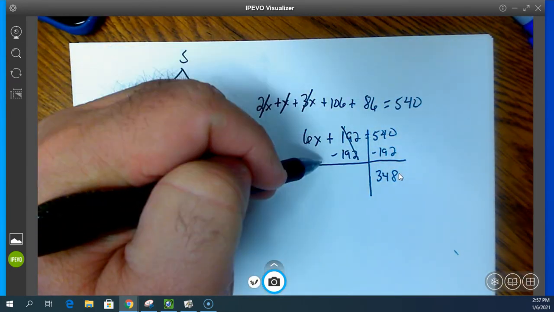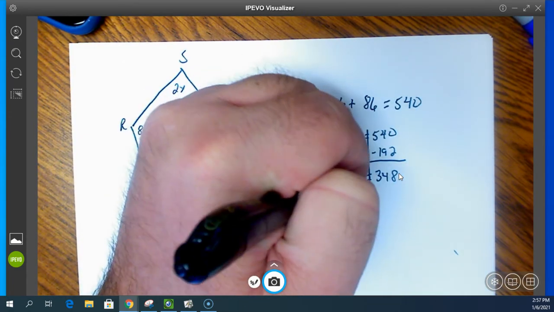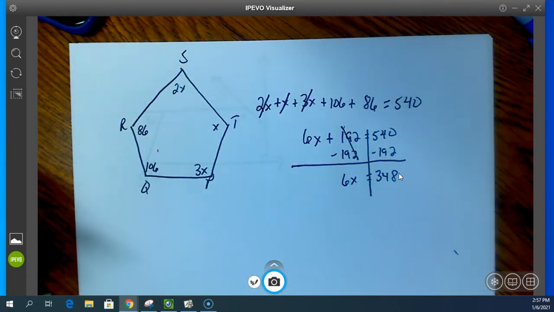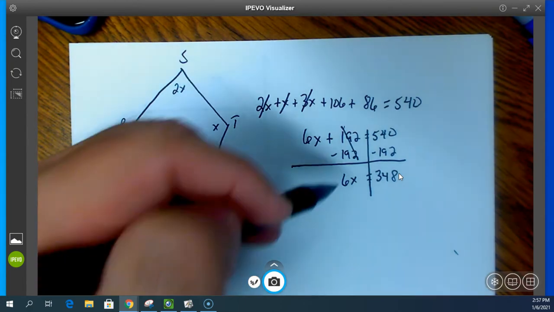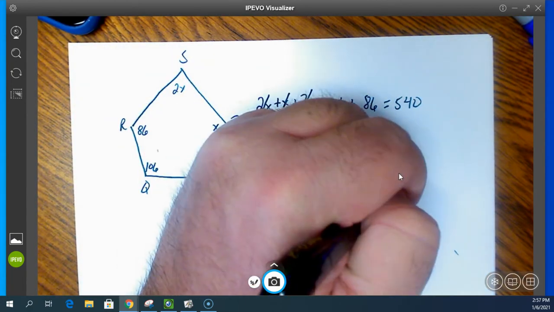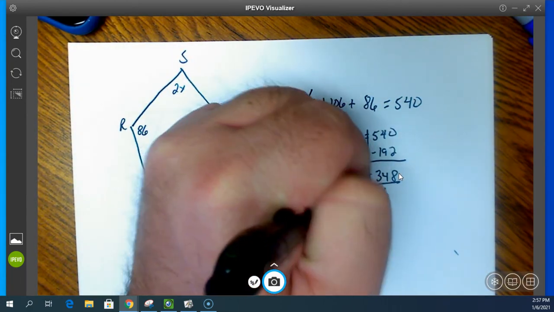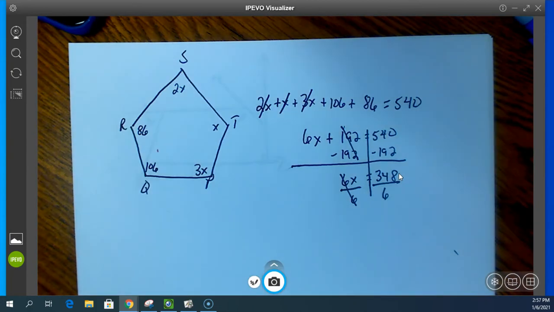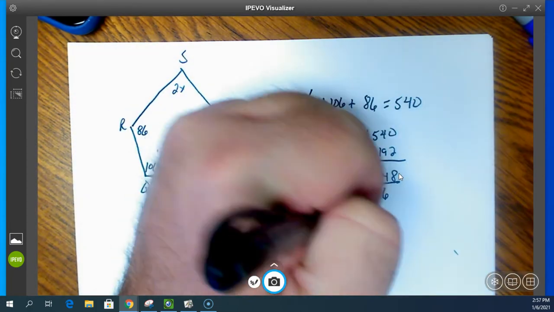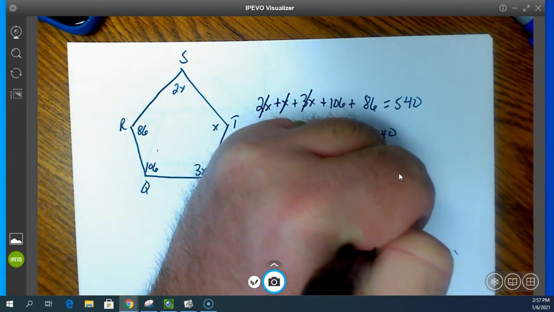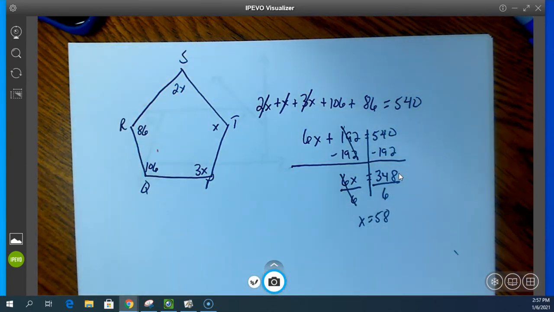And then on this side, I have 6x. Now I need to get rid of the 6, so I'm going to divide both sides by 6. 348 divided by 6, x equals 58. Now, I'm going to go back to my original.